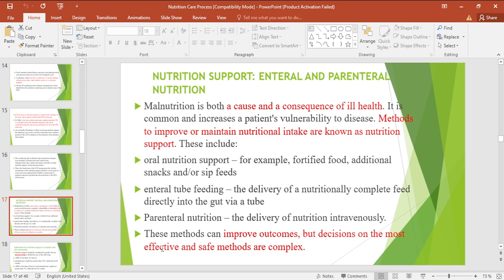And then enteral tube feeding. This involves the delivery of a nutritionally complete feed directly into the gut via a tube. And then parenteral nutrition, the delivery of nutrition intravenously. So these methods can improve the outcomes, but decisions on the most effective and safe methods are also a bit complex and they require an interdisciplinary approach.